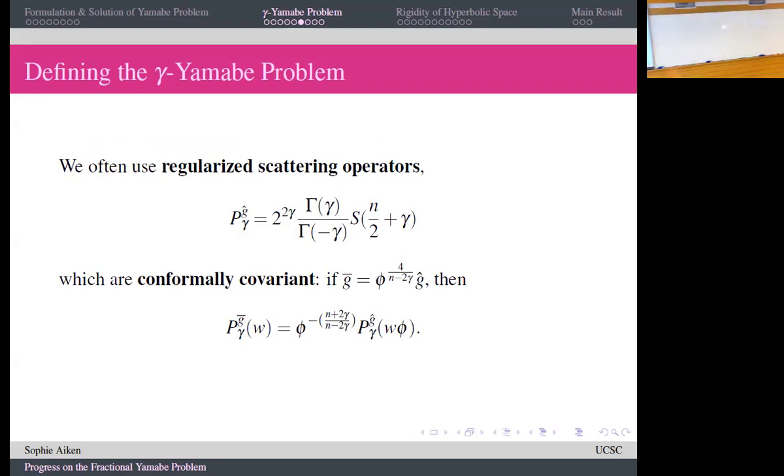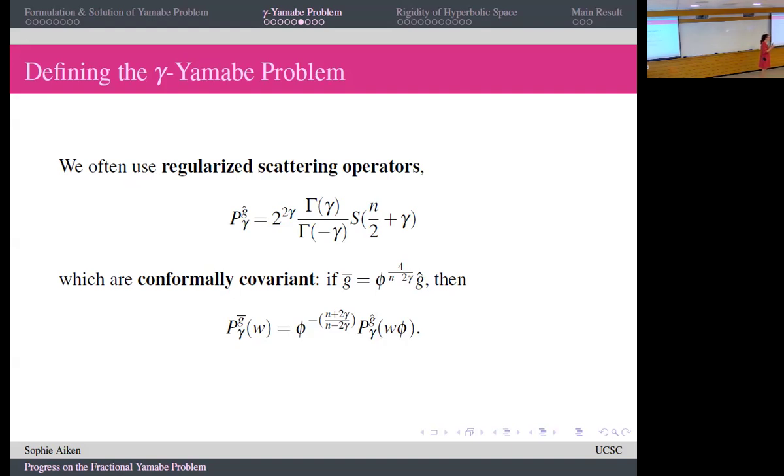Yes, so gamma is our fractional constant. It can be anything greater than 0 for defining the problem, with caveats.